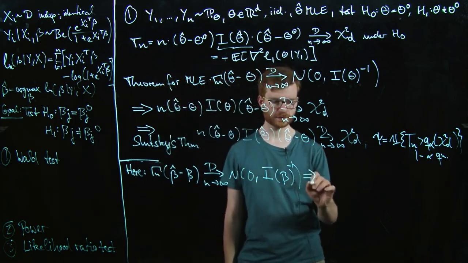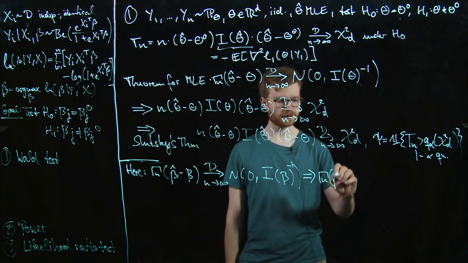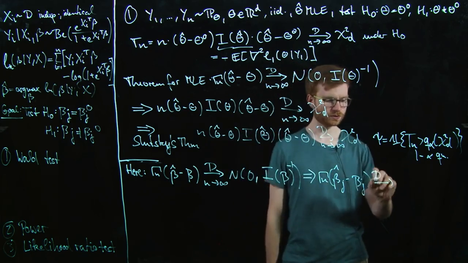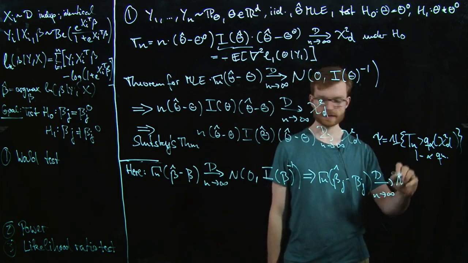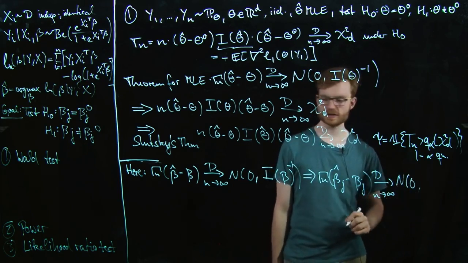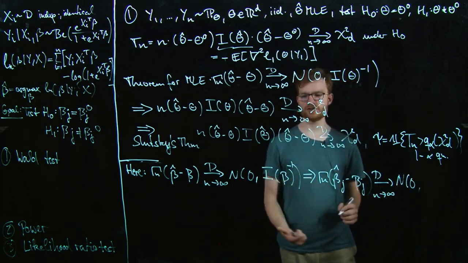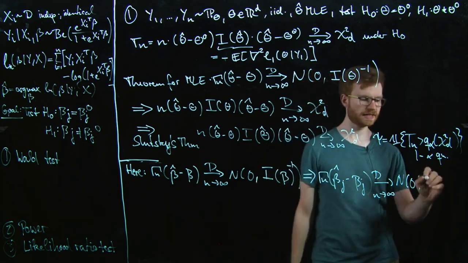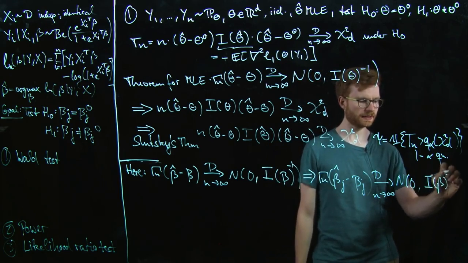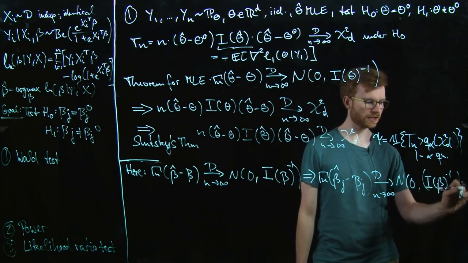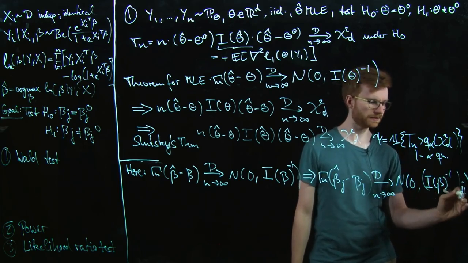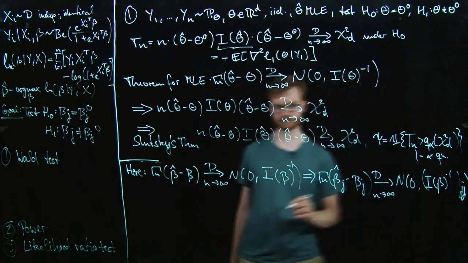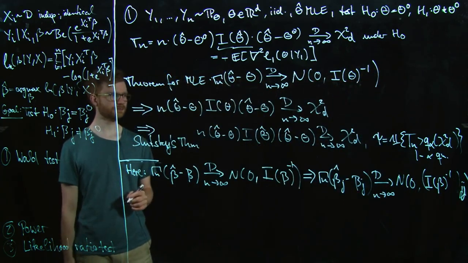That means square root n (beta j hat minus beta j) in distribution, I'm just marginalizing this one out, goes to 0, and the variance of beta j can be found within this big matrix as the diagonal element, the jth diagonal element of I of beta inverse.